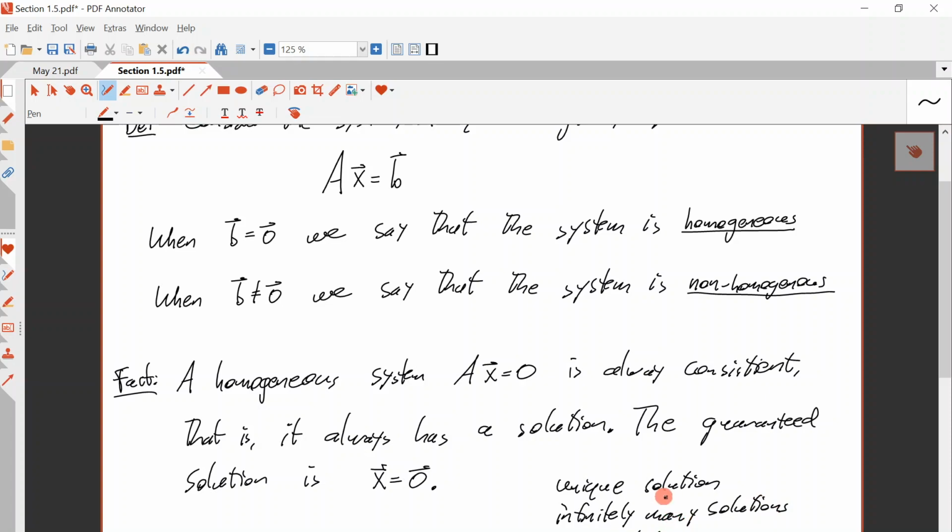But since a homogeneous system always has at least one solution, you're in these first two possibilities and not the last one. So it's either this or this.